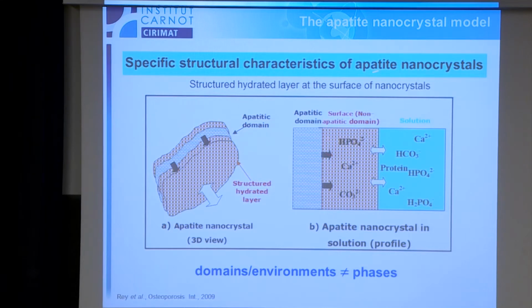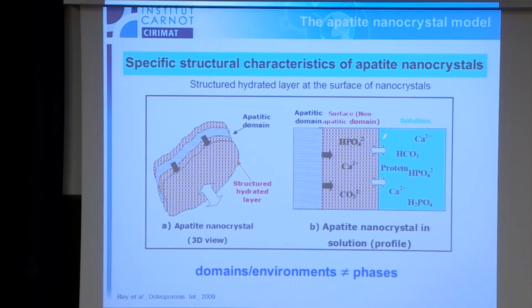So if we look here, this is like a cross section of the crystal. So you have here the apatitic domain, and the surface layer including several divalent ions, and these divalent ions can be easily exchanged with the environment, the solution, with proteins or HPO4, carbonate or calcium.